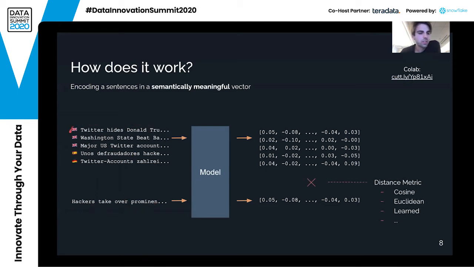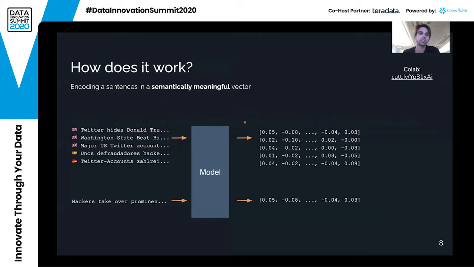And we take these news headlines that we collected, and we use a model that can encode these texts into a vector, specifically in a semantically meaningful way. That means that we trained that model to produce these vectors so that they are similar if the texts talk about something similar.